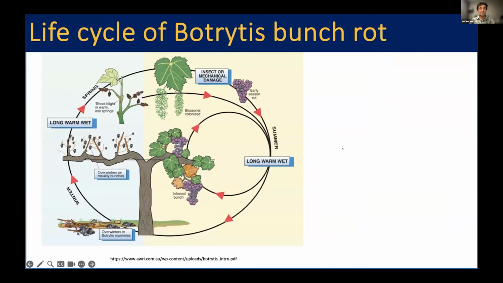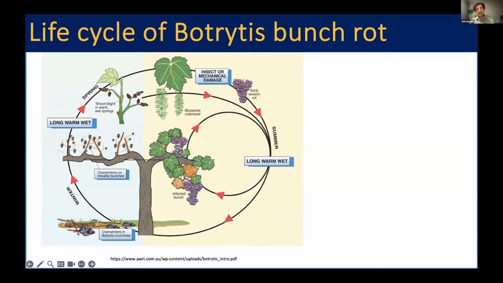So this is the simple life cycle of the botrytis bunch rot. I'm not going to go through all of it. That means the pathogen can survive during the winter on the leftover dead fruits. If these fruits are not removed or buried in the soil, this could be the starting point, or inoculum, of the pathogen when you have the spring flowering.